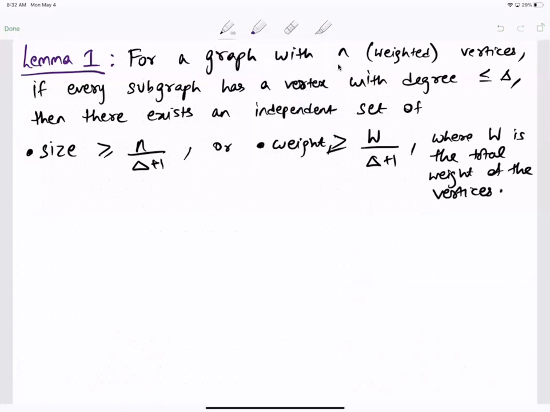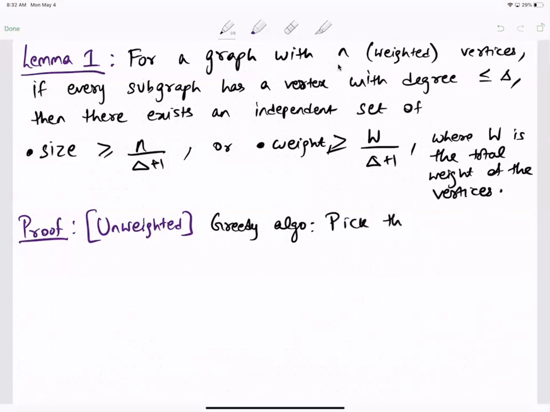Okay, so let's quickly prove this. In the unweighted setting it is very simple. I'm sure many of you must have seen this. Simple greedy algorithm. What's the algorithm? Just pick the vertex with the smallest degree and put it in your solution, and remove that vertex and all its neighbors from the graph and just repeat this process. So let me write that down.